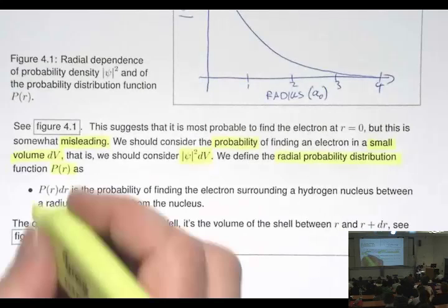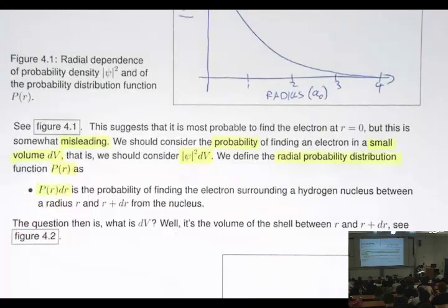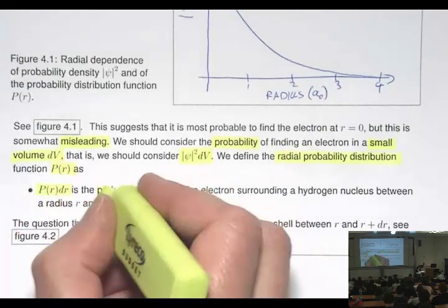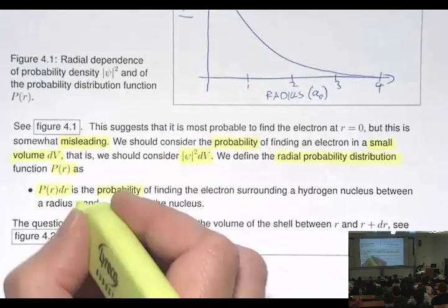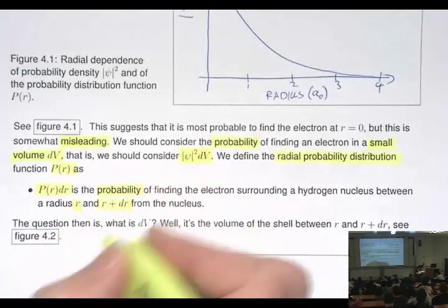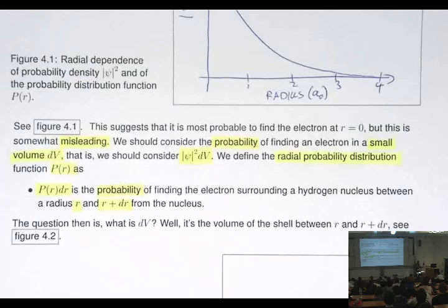P of r dr is the probability of finding an electron between a radius r and r plus dr. So it's no longer at a fixed position, it's now at any radius between r and r plus dr.